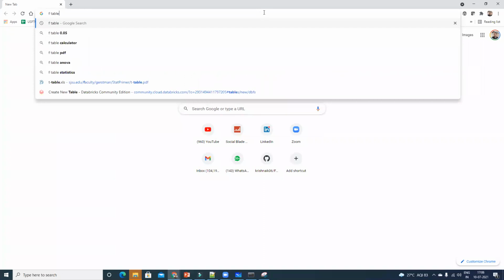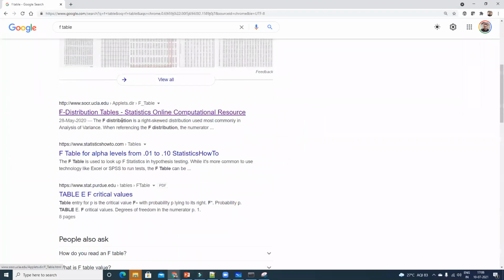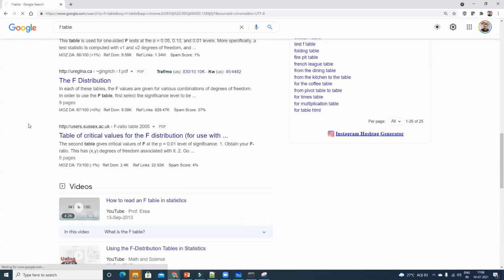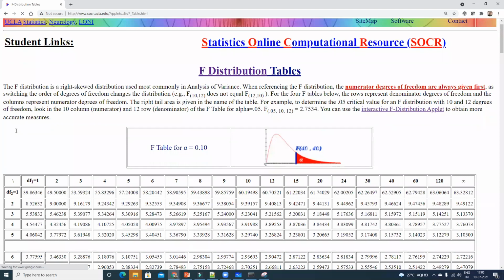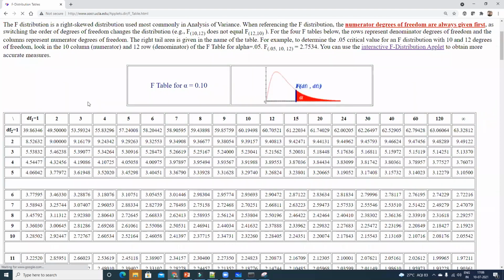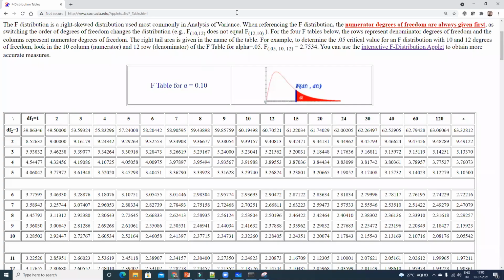F table. What is F table? F distribution table. In F distribution table, see, you'll be having 2 degrees of freedom. This is 1, this is 1. Right? So what is my degree of freedom between value? 2, and degree of freedom within value is 18. So 2 comma 18 is what? Where do you see 2 comma 18?